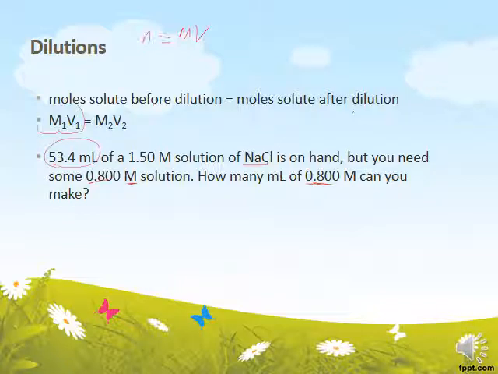So we use this M1V1 = M2V2 formula. M1 is 1.5, V1 is 53.4. How much of 0.8 molar can we prepare here? So we solve for V2.